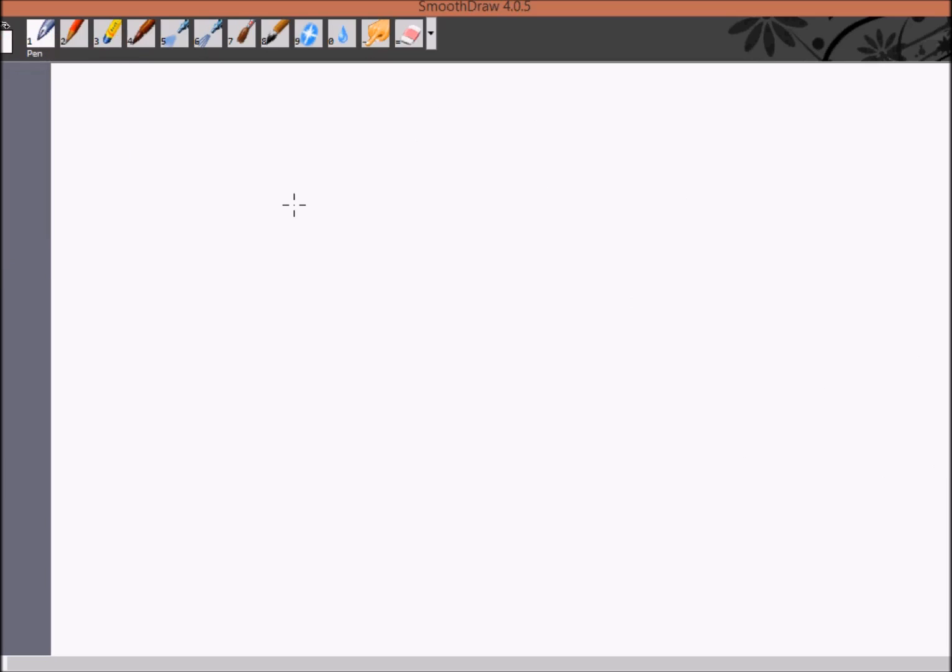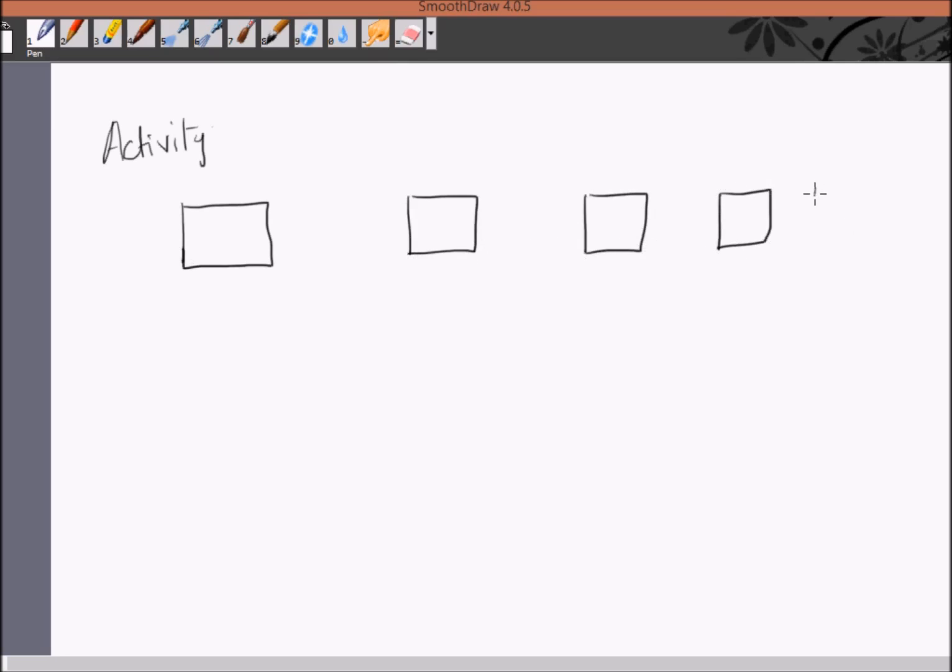For this, let's do a small activity, right? Let there be 5 boxes, and there is a big box.